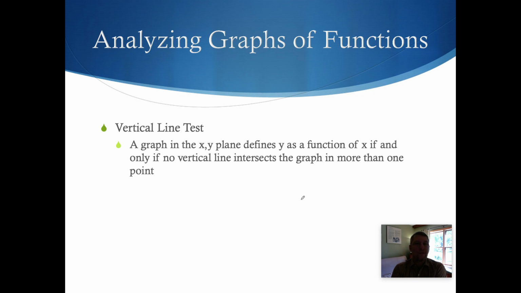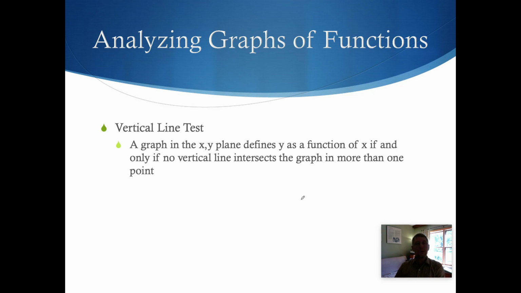All right. Well, if something is a function, it means that each value of x can have one and only one value of y, meaning that any place along the function that you draw a vertical line, it will only touch the function once. Okay, and so what we can do here is use the vertical line as a test to determine whether a certain mathematical relationship is indeed a function.